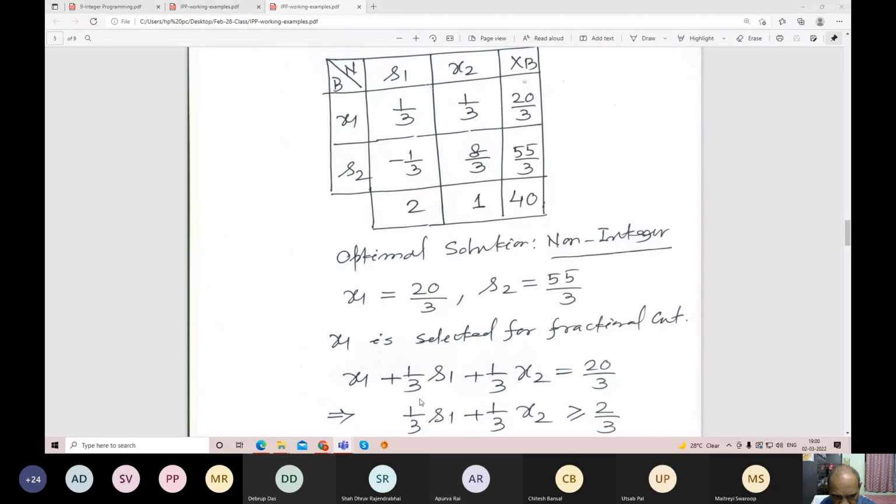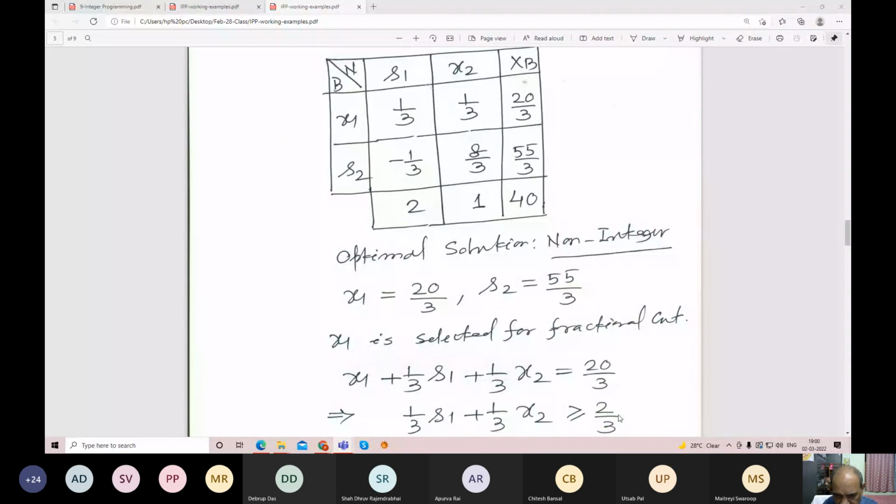If you subtract, this gets cancelled. x1 is less than or equal to 20 by 3 minus 2/3, 18 by 3, that will be less than or equal to 6. x1 less than or equal to 6. So somebody has guessed x1 equal to 6. We have got from here itself x1 less than or equal to 6. That is the cutting plane.